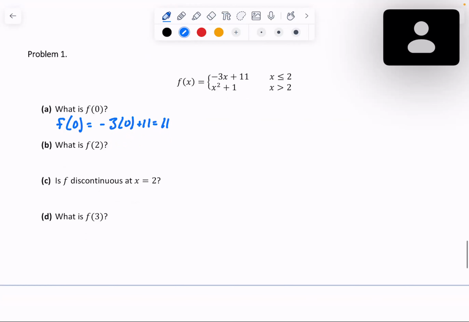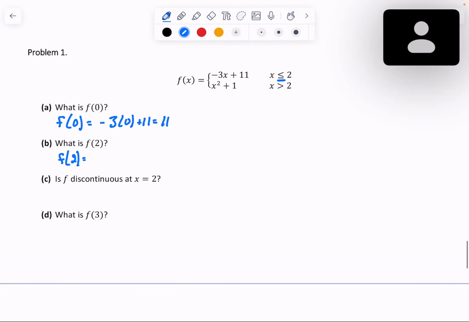The next part, what is f of 2? Do I plug into the top or the bottom? Top again, right? Because we have equality here. So this would be -3 times 2 plus 11. So that ends up being 5.